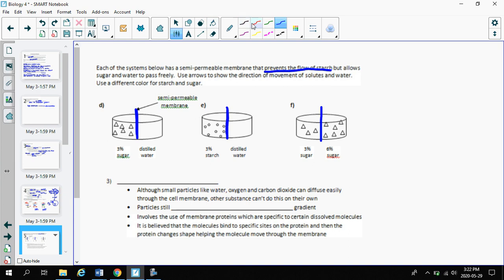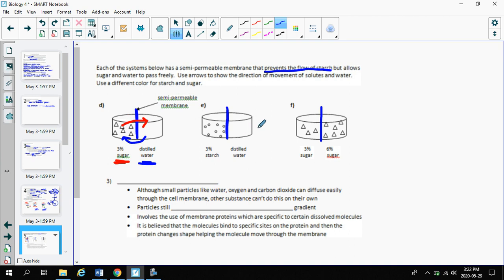In this case, again, for sugar we have our little triangles. That membrane would allow sugar to move across. I'll use blue for water, and water would move this way. So water would move from its area of higher concentration to lower concentration.